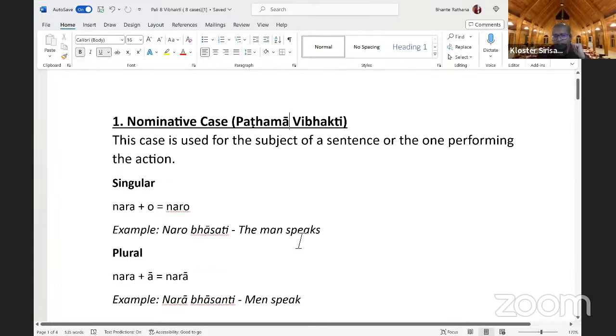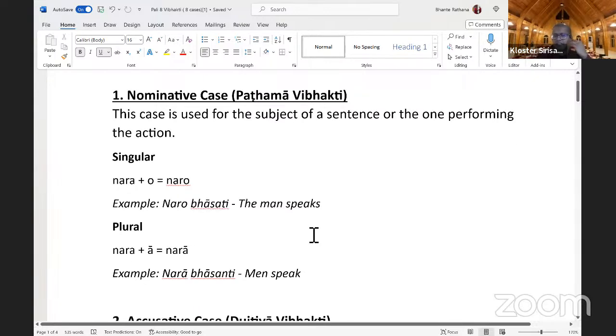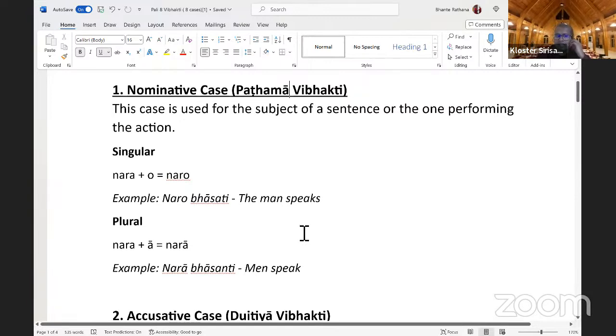So the nominative case is what we use as the subject. That's the first one. We have to understand whenever we do the exercise, then we can understand.